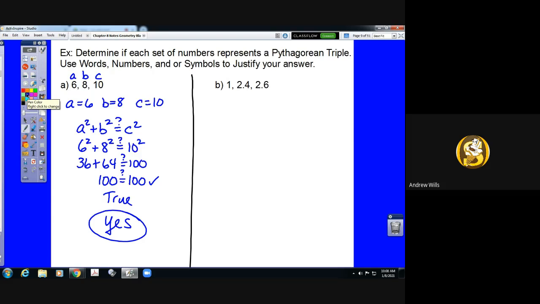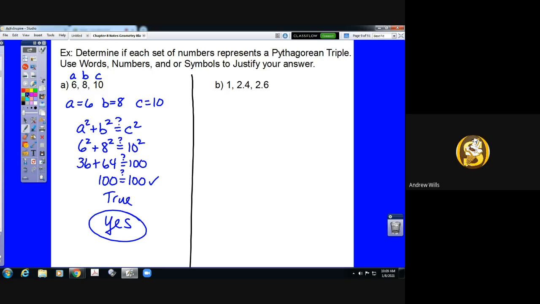Okay, letter B here is an example of the so-called trick question version of this problem. If you spent more than 2 seconds on letter B, you might not have gotten it right. The answer to part B is definitely no. Does anybody know why? You don't even need to check the Pythagorean theorem to say no. Yeah, Abby's right.